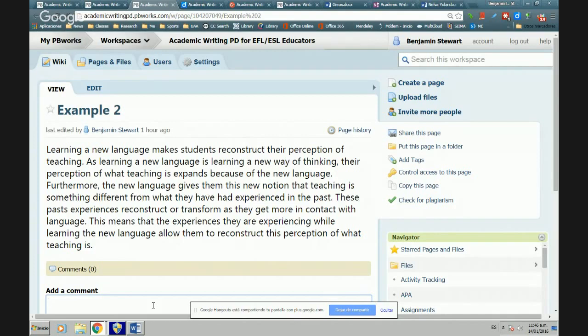But are we talking about knowledge or experience? Or let's see. What they got, what they lived. What they had experienced in the past. Which will reconstruct? Okay. Will reconstruct or transform?